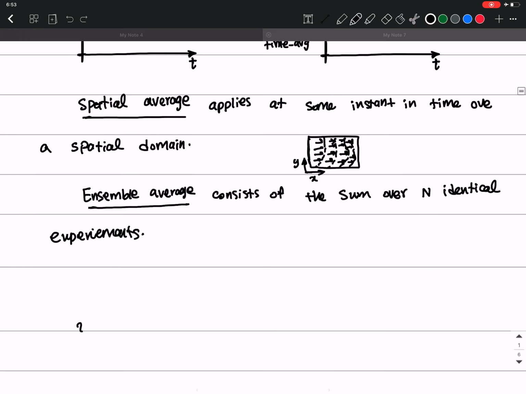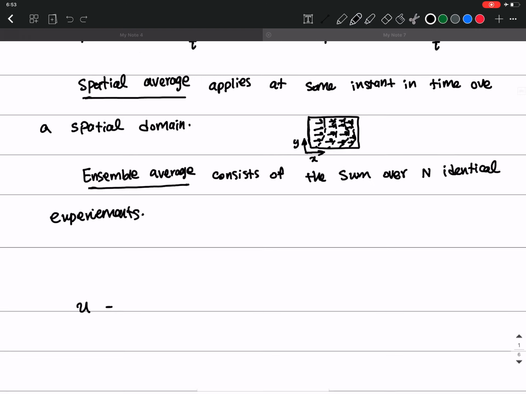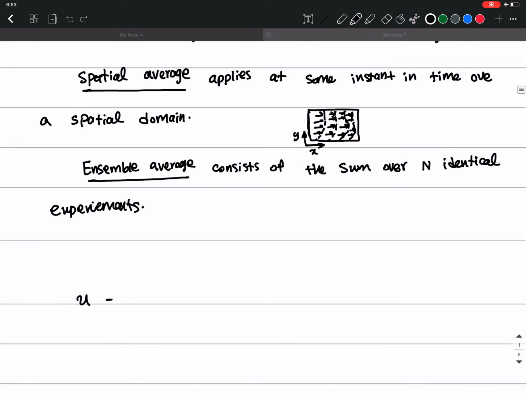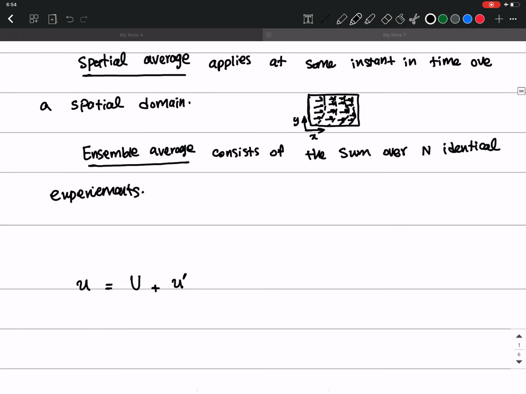So if you have an instantaneous velocity signal, and we show it with u, we split it into a mean part plus a fluctuating part u prime. And we write it like this.